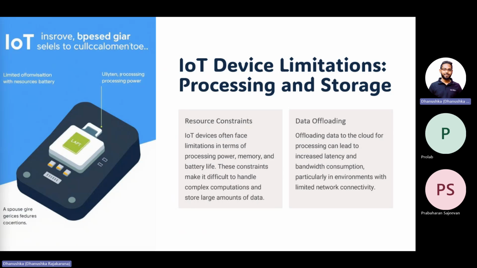Then another limitation is network bandwidth. Limited bandwidth can cause bottlenecks, especially for devices transmitting large volumes of data like video streams. Network congestion may result in data loss or latency, impacting real-time applications.